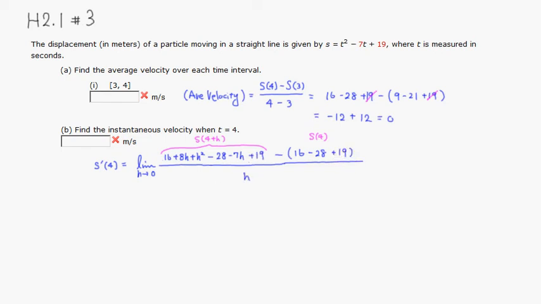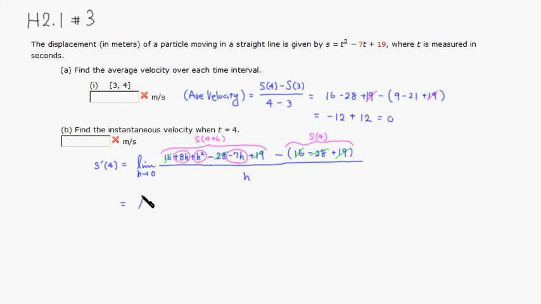I'm just going through the definition. Now we can clean up a bit. You have 16 minus 16, and negative 28 minus negative 28, and the 19s cancel. What's left is 8h and h squared, and then negative 7h.